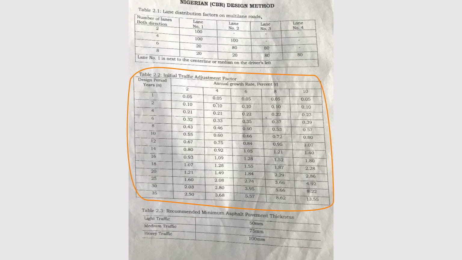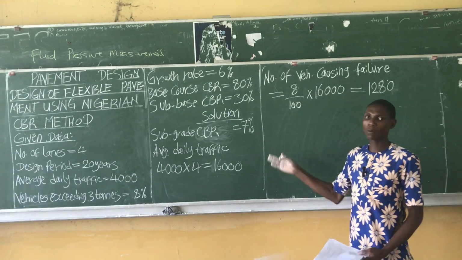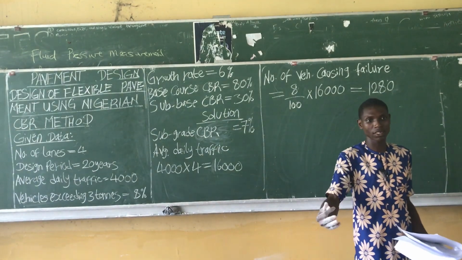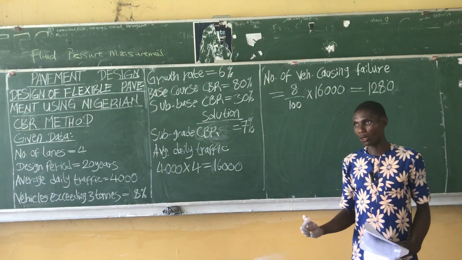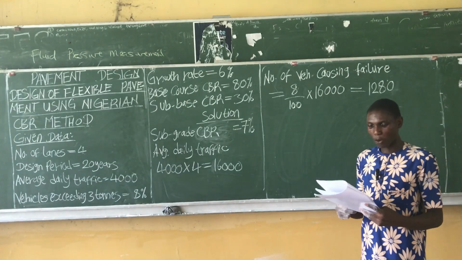So using table 2.2, we can see initial traffic adjustment factor. So we are adjusting the traffic for safety. So if peradventure 8% of this vehicle is exceeded, there will be no what? Failure.